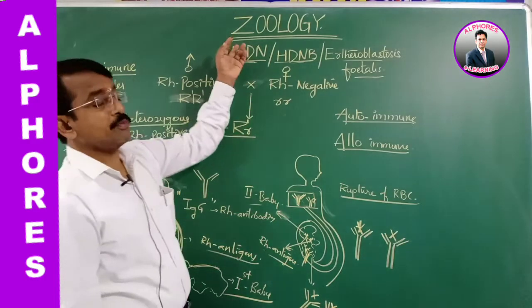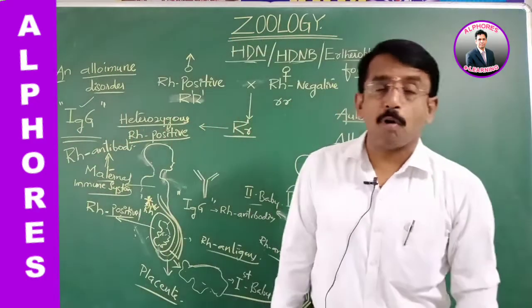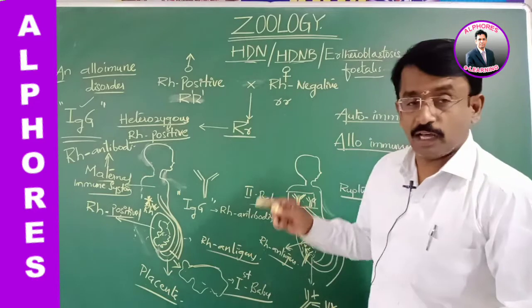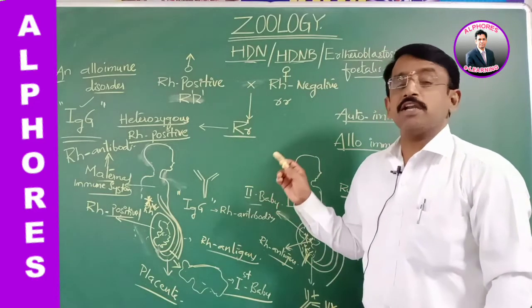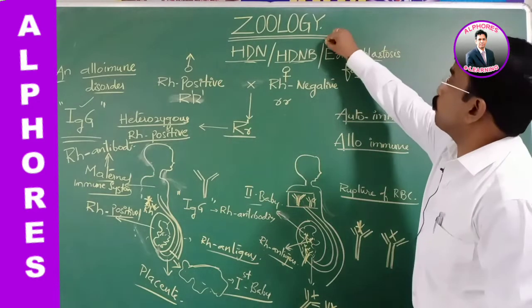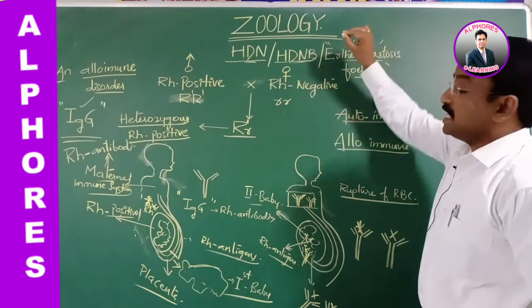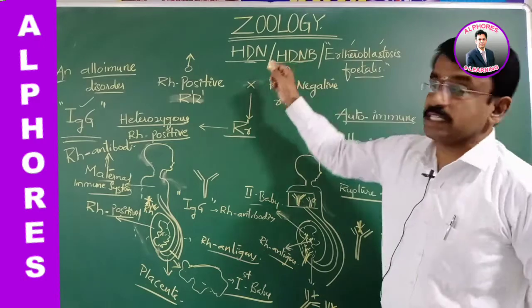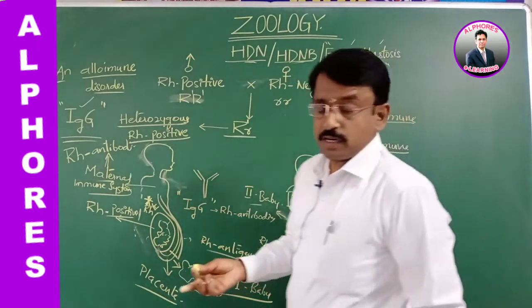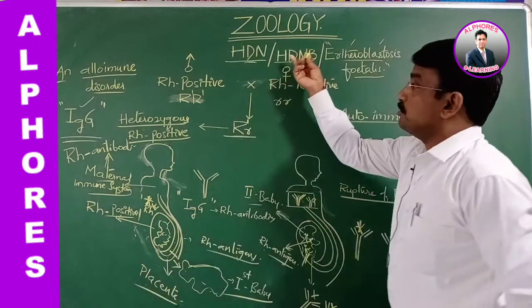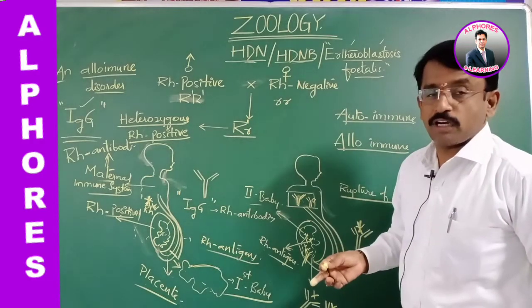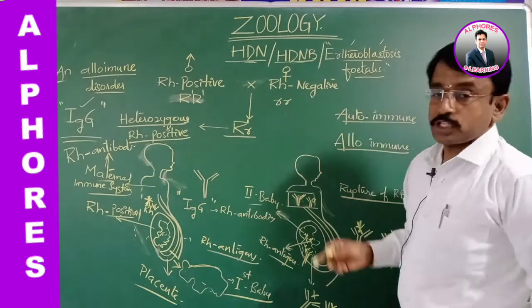That's what is named the hemolytic disorder of the newborn, or the hemolytic disorder of the fetus and newborn. It is named erythroblastosis fetalis. Now we'll also discuss why it has this term. The rupture of the RBCs results in the hemolysis of the newborn and fetus, erythroblastosis fetalis.